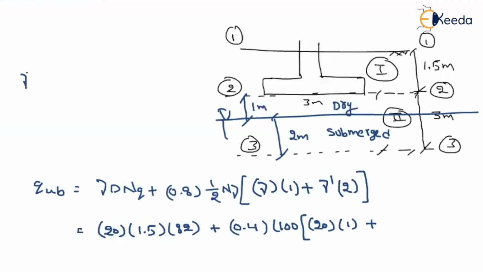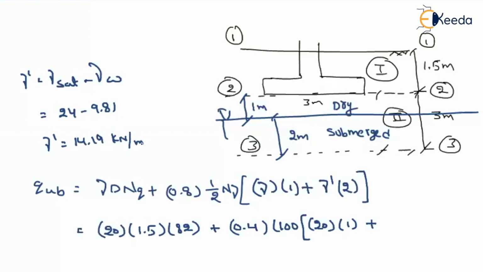Gamma dash is nothing but gamma saturation minus gamma w. Gamma saturation is given as 24. 24 minus 9.81. How much are you getting? Submerged unit weight will be equal to 14.19 kilonewton per meter cube.